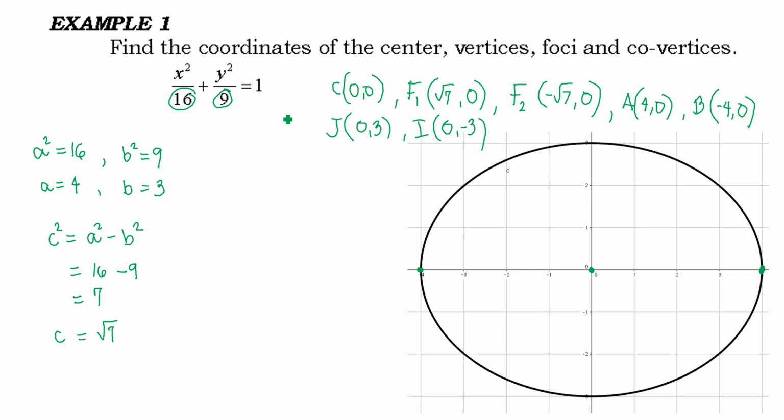So here, our first focus would be, nandito siya. And the second focus would be, kasi negative square root of 7, so somewhere here. So that's the foci. And then the co-vertices, we have 0, 3 and 0, negative 3. In other words, tama yung mga points natin.